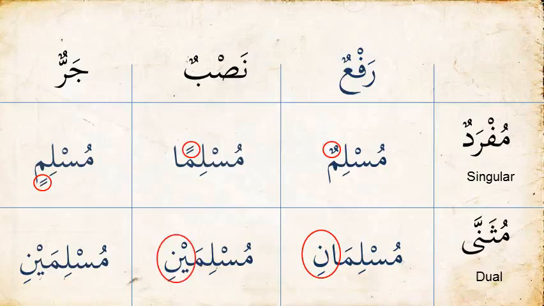If it's aini, it is either nasbun or jarrun. So this lesson is teaching us that when it comes to a dual word, we look at the ending combination, not the end letter. Ani indicates raf'un, aini nasbun, and aini also jarrun.